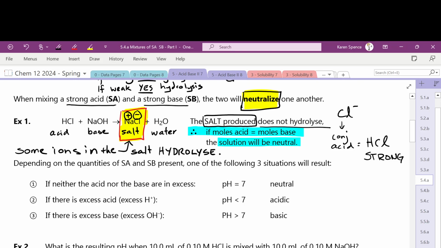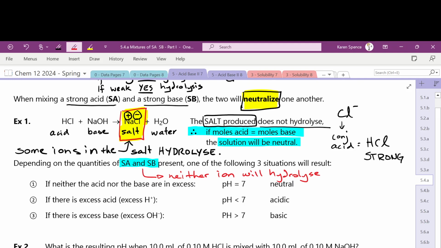And so if we have a strong acid and a strong base, neither ion will hydrolyze. And so now it just depends.